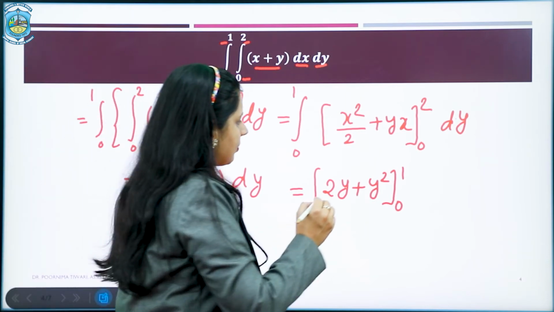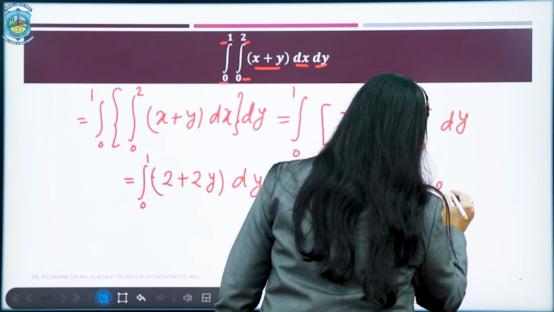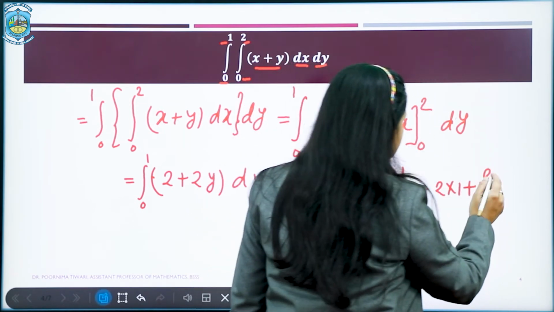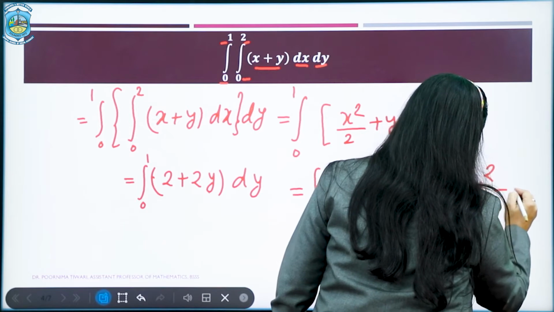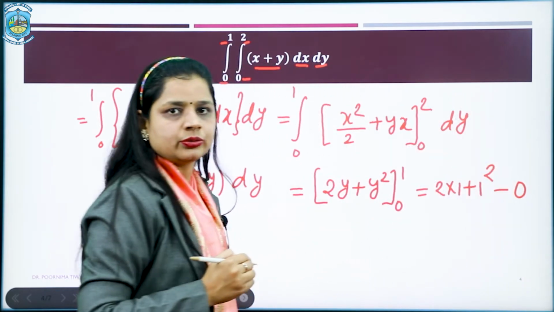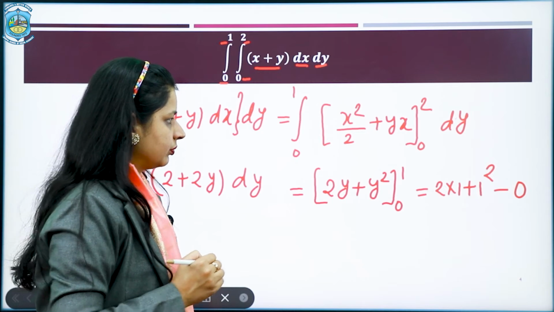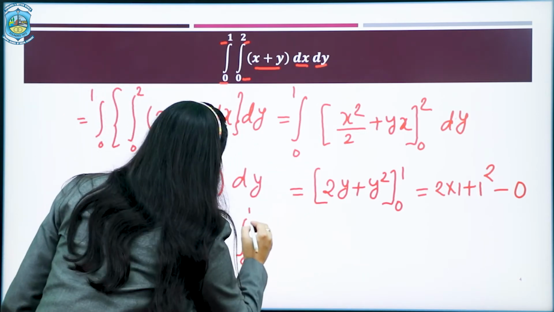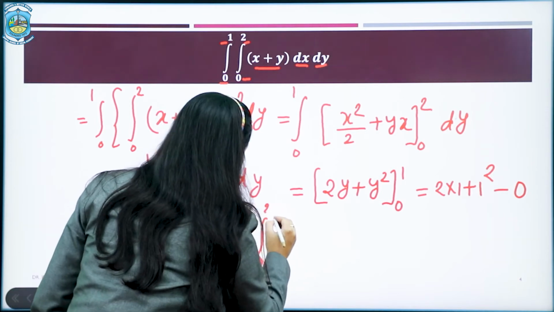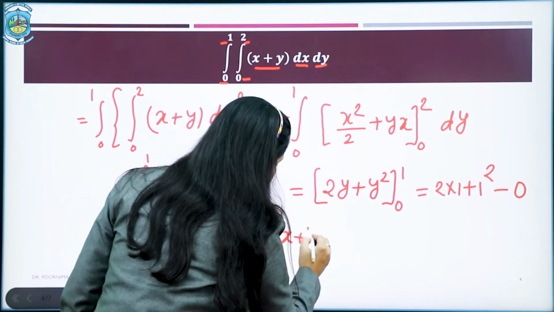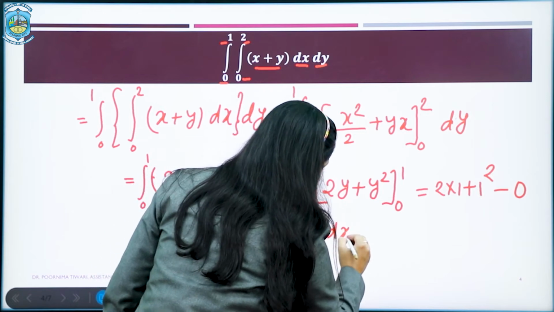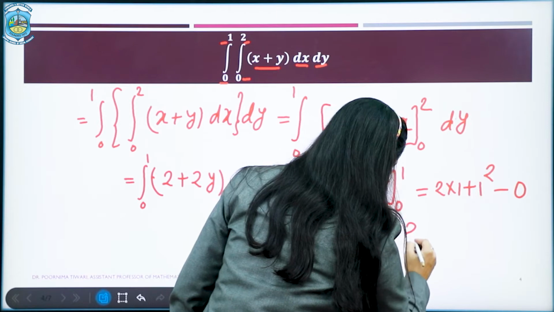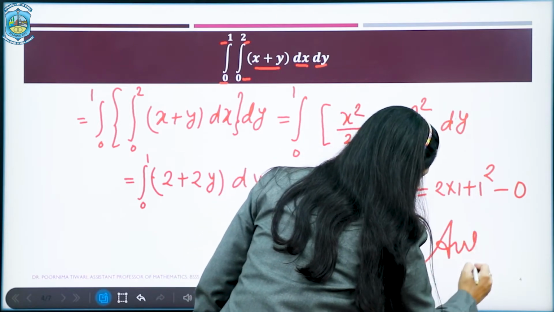When we apply the upper limit, we will get 2 into 1 plus 1 square, and when we apply the lower limit, the value will be 0. It means the value of this integral 0 to 1, 0 to 2, x plus y dx dy is 2 plus 1, that is 3, and it's our answer.